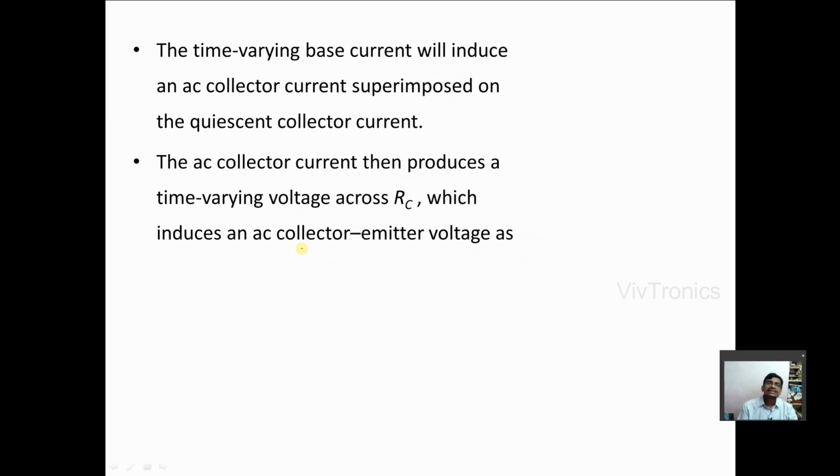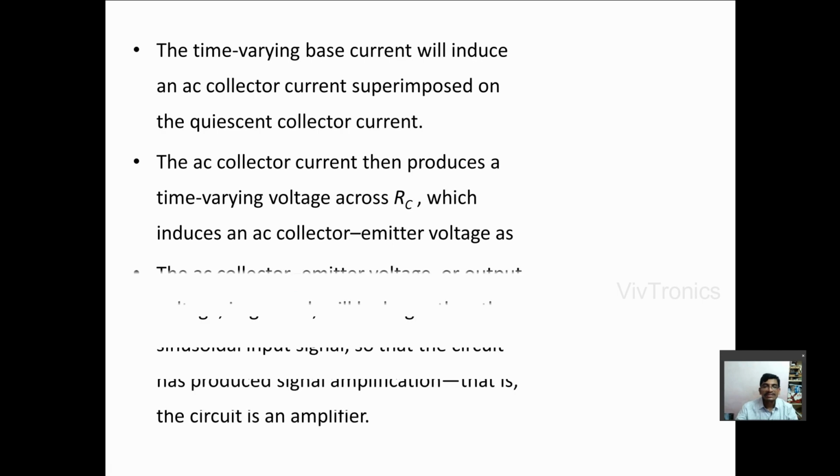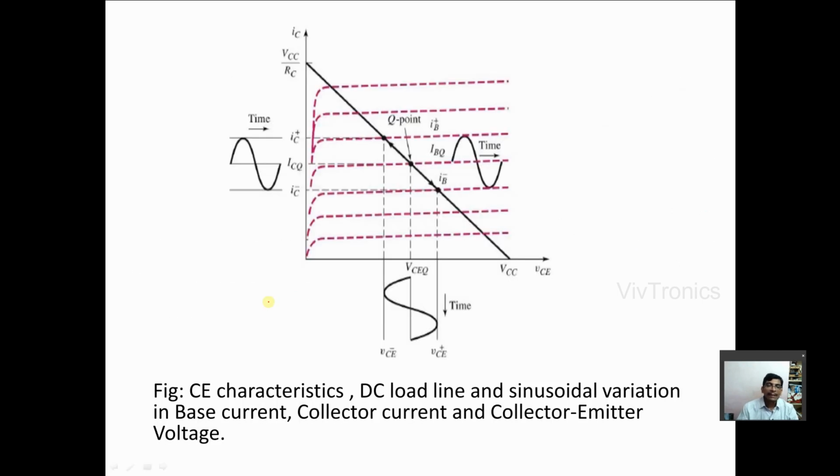When we apply some base current at the base of our transistor, a time varying AC current is developed at the output side, across the collector, which is superimposed on the DC reference current ICQ.